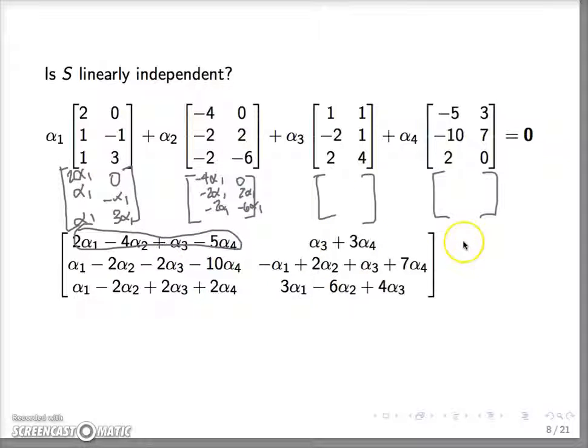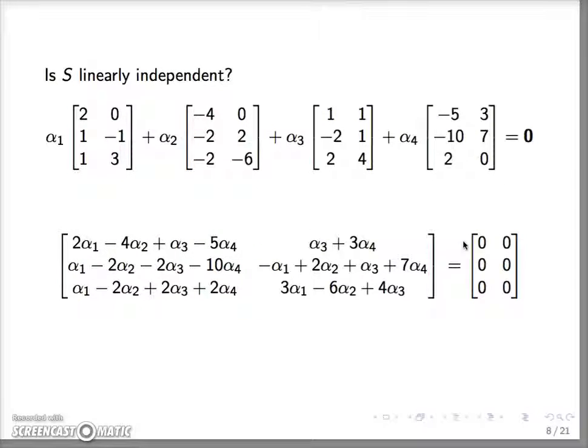Then what we do next is compare this to the 0 matrix. The linear combination on the left side of that matrix equation becomes a 3 by 2 matrix, and it is equated to the 3 by 2 matrix of zeros.